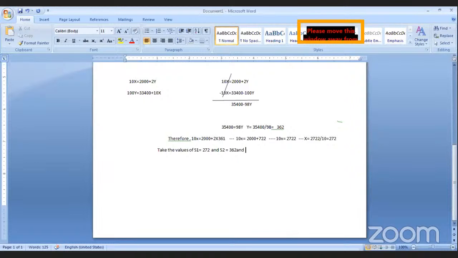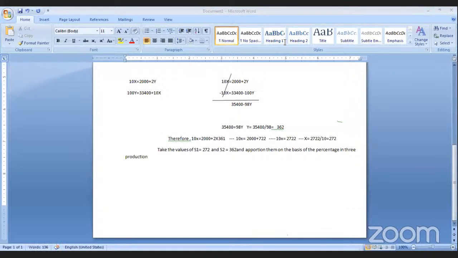And apportion them. Apportionment means distributing to others. Apportion them on the basis of the percentage, to the production departments, in the 3 production departments. Okay. So how can it be done?